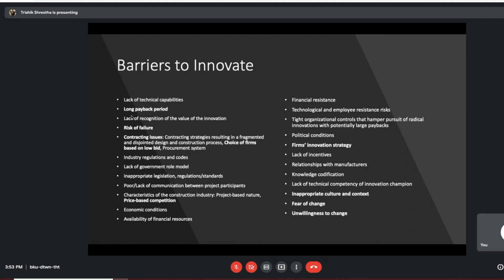Now this is actually a very big problem because of the way the construction industry is set up here. Obviously the lowest bidder gets the contract, right? And when you are selecting the bidder that is bidding the lowest amount, there is minimum room for spending money on improving.